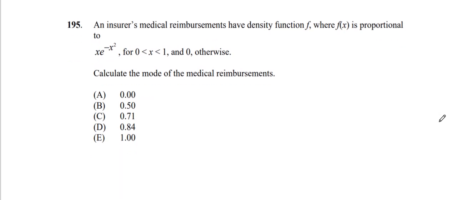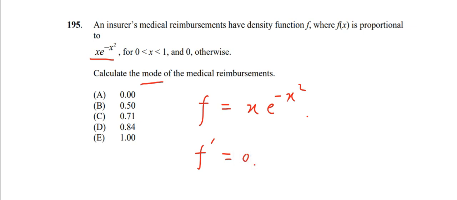So this problem, same thing, find the mode. So just the derivative equals 0, right? Let f(x) equal x times negative x squared. So the derivative equals 0.